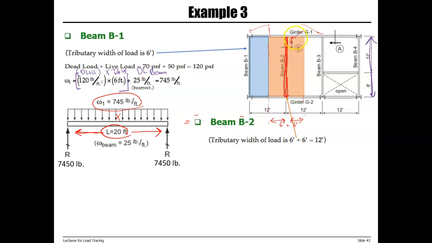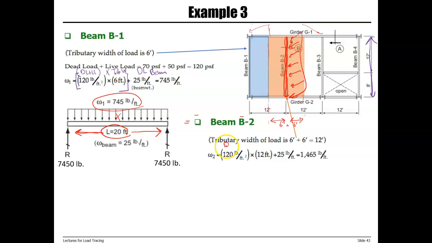Now we want to calculate how much load is transferred from the area to beam B2. We need to multiply dead load and live load that we have, which is 120, by tributary width.